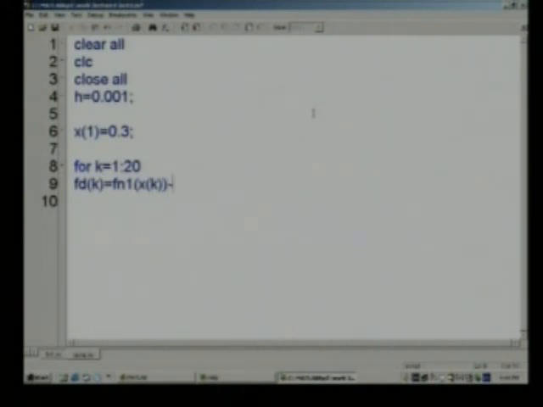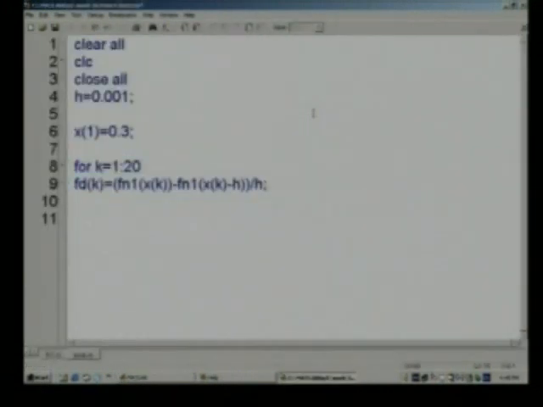Then minus fn1 of xk minus h divided by h. So this is my differentiation, right? So you can write fn1 of xk, then fn1 of xk minus 0.001. So you take the difference, divide it by h, so you will get the derivative fdk, right?